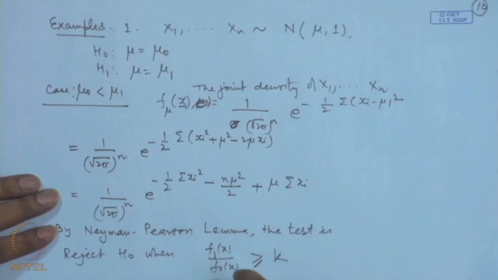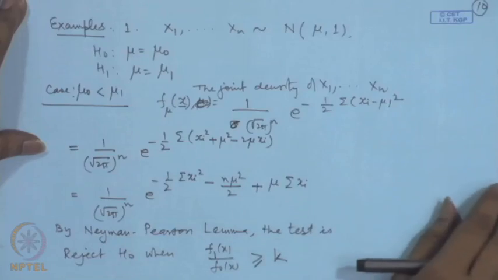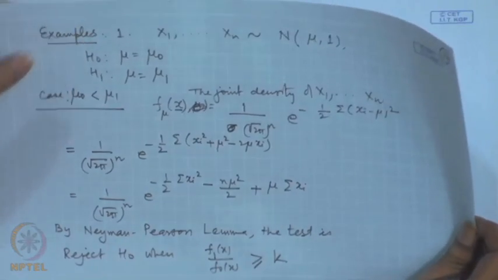We may put greater than or equal to or greater, it will not make any difference in this case, because the distribution of x is continuous here. We are dealing with the normal distribution. So, the middle part of the phi function which we give in the Neyman Pearson lemma is not required in this case.